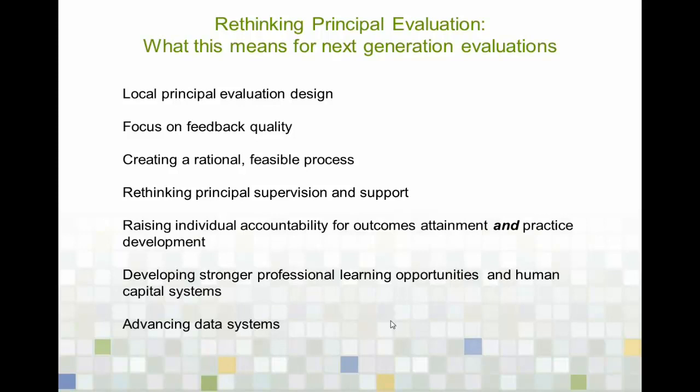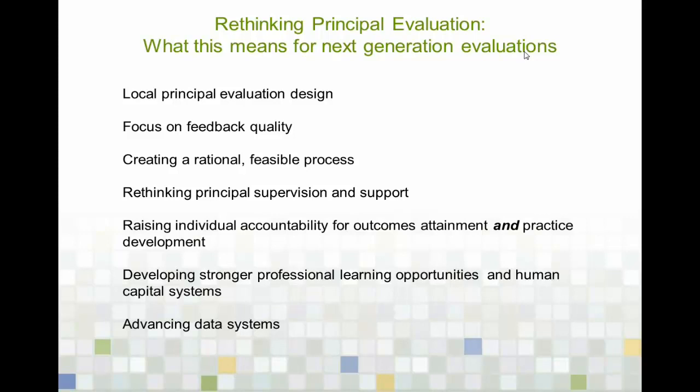So while we're saying that multiple measures are very important, what principals are telling us is that we want these multiple measures to be tied very closely to the work that we're doing, and we want them to be feasible and practical so that the information that we get we will use. We also heard principals say time and again that the quality of the feedback from their supervisors is extremely important.